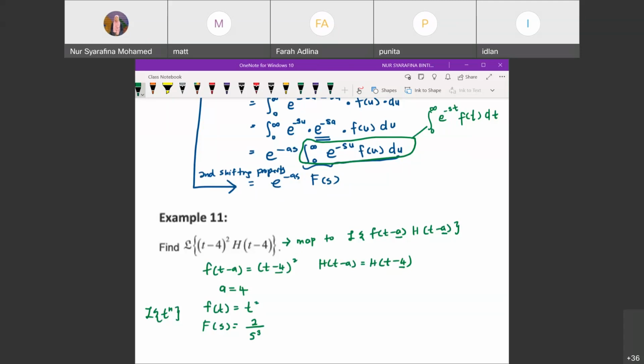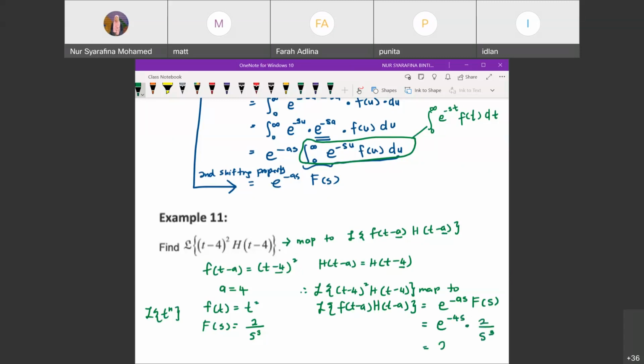Okay, so you have your a, you have your F(s), then transforming (t minus 4) squared h(t minus 4) maps to transforming f(t minus a) h(t minus a), which becomes exponent negative as F(s), which is exponent negative 4s times 2 over s cubed. So we have 2 exponent negative 4s over s cubed.